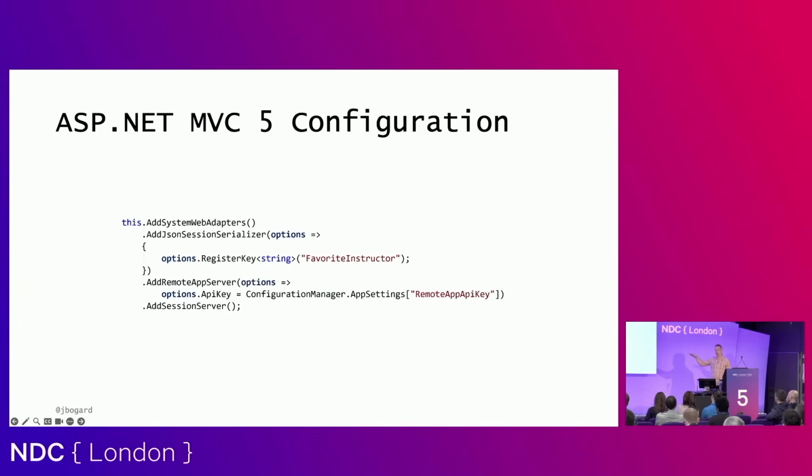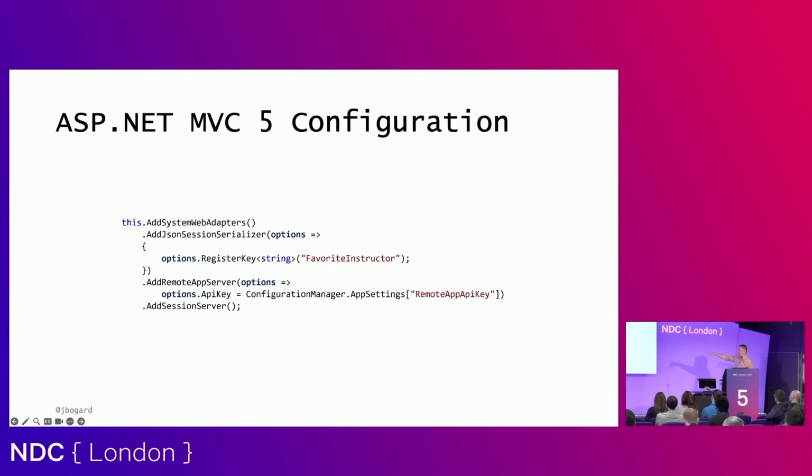ASP.NET Session, I think, uses some weird wonky binary serializer to store session state. You can just throw any object in there and it'll magically serialize it. ASP.NET Core does not do that. They realized it's a horrible idea to do binary serialization, and instead it uses JSON. So that means we have to make sure that all of our session values are serializable to JSON, and we have to register each of those keys and types explicitly here.